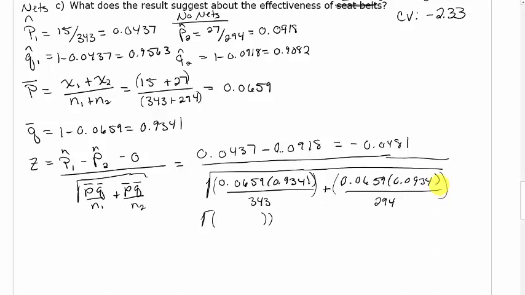The first parenthesis will close off this fraction, and the second parenthesis closes off the square root symbol. So once you put this into your calculators, you get negative 2.44 as your test statistic. If you're going to do this in your calculator, then the p-value that you get from your calculator will be 0.0074.